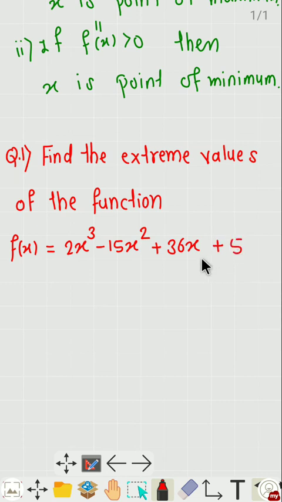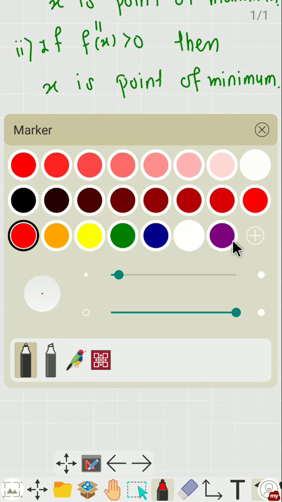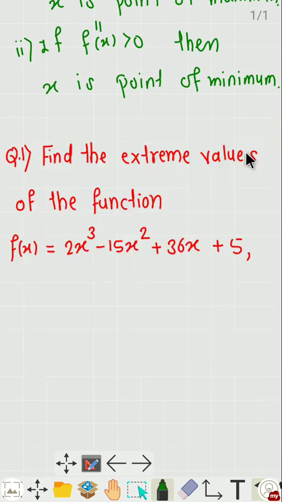Find the extreme values of the function. Also state the extreme values of f of x at the corresponding points. No problem, we will find the extreme values. Let us write the answer.